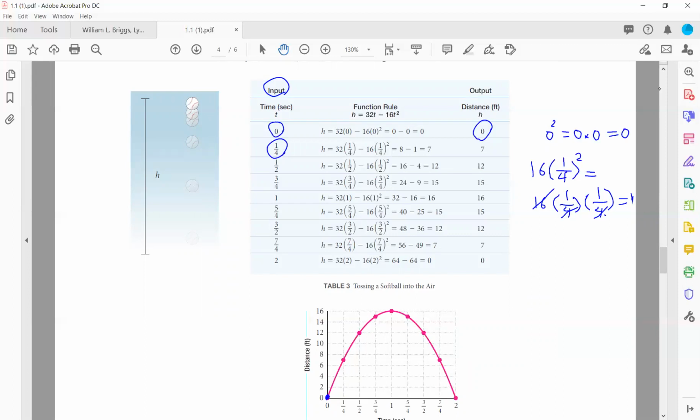So 8 minus 1 is equal to 7. When your t is a fourth, the output is 7. So the second point on the graph of the function is a fourth and 7.